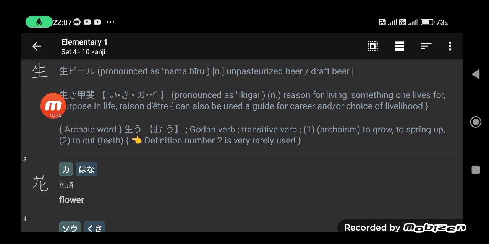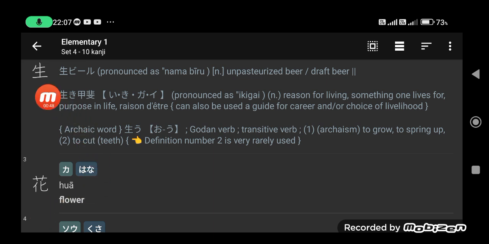For today, what I would like to introduce to you is this kanji indicated right here.